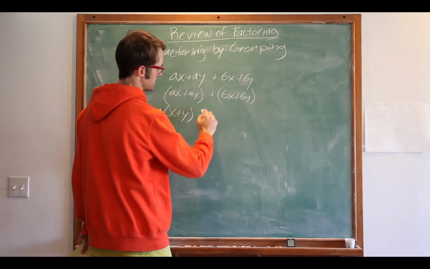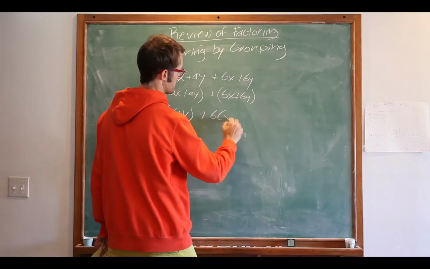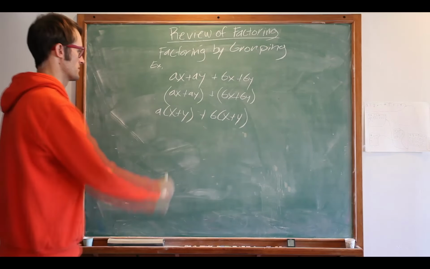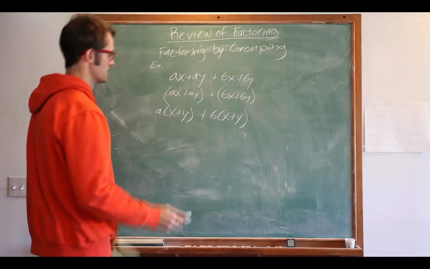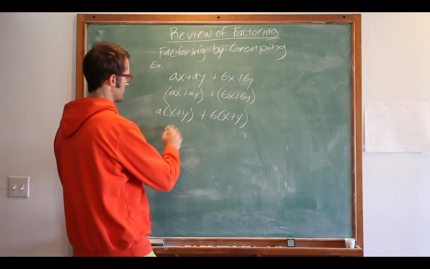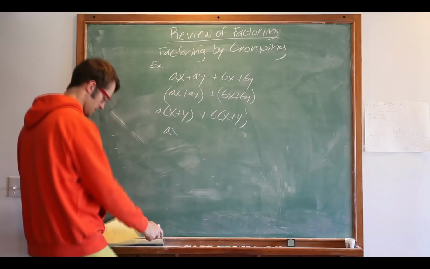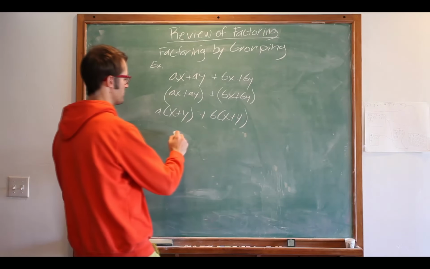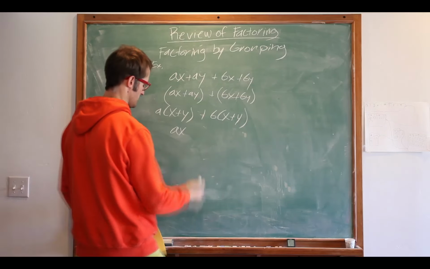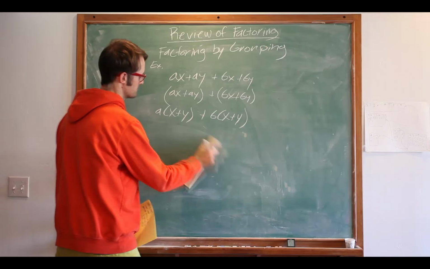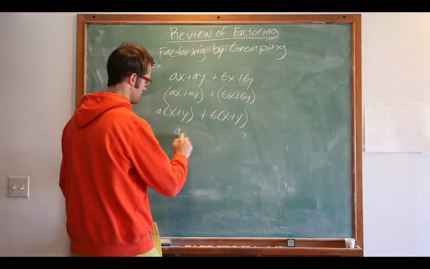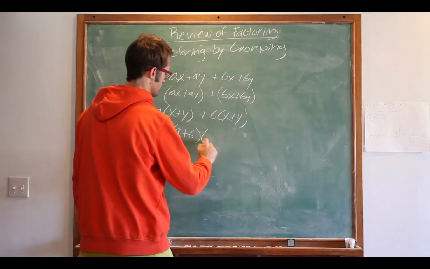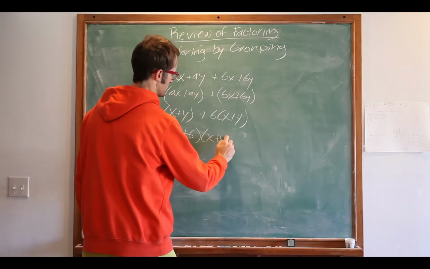And you can pull a 6 out of here: 6 times x plus y. And then you can combine the like terms. So you can separate that to a plus 6 times x plus y.